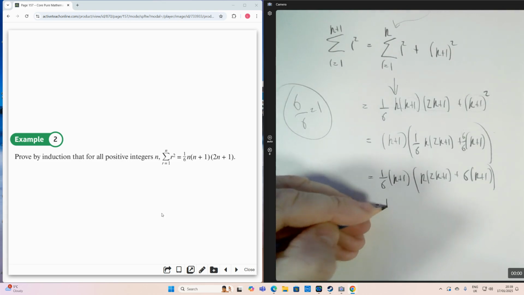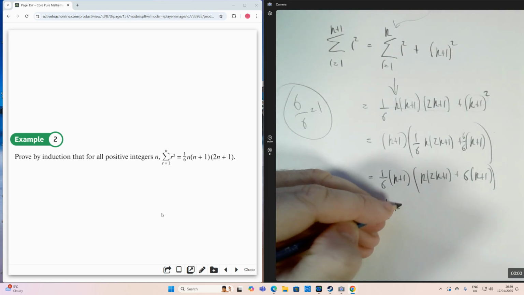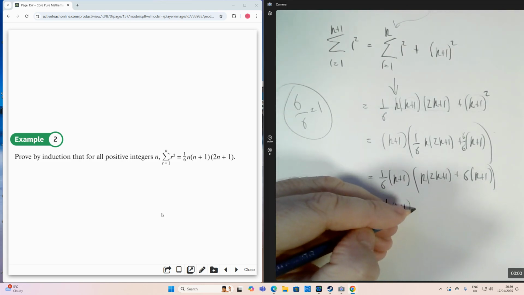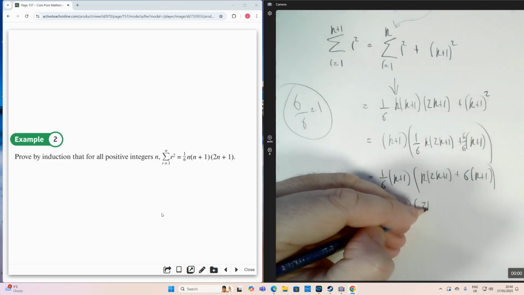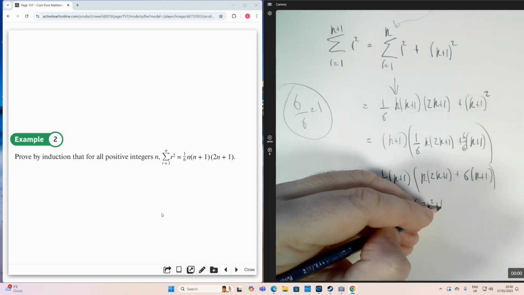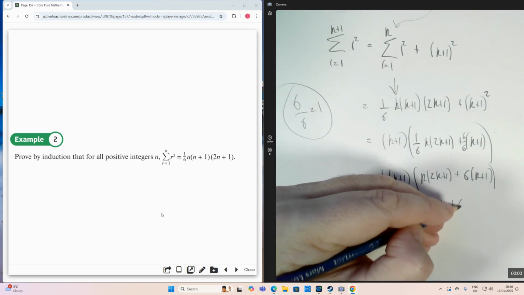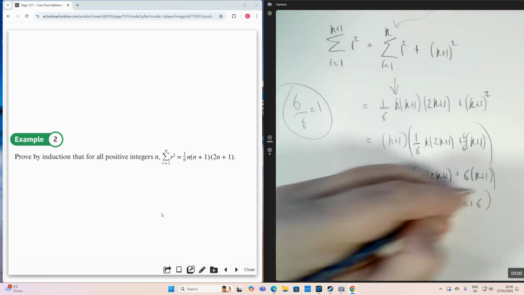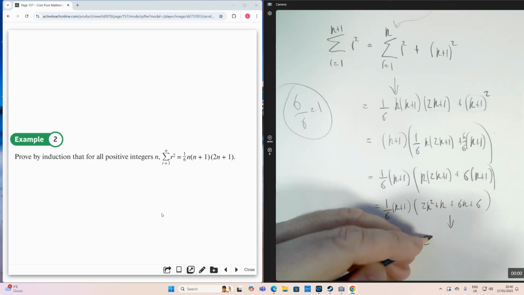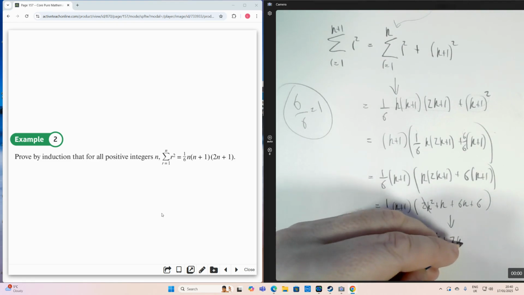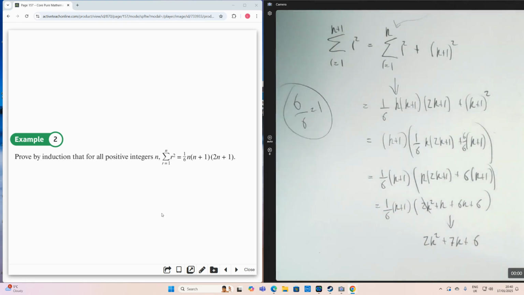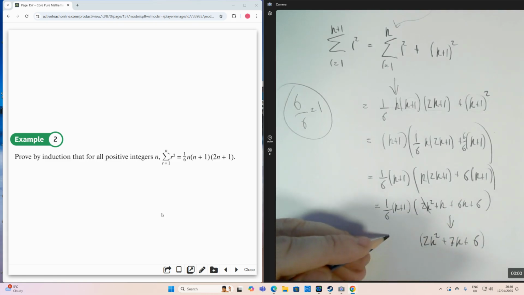So we have 1/6 (k+1) times by 2k² + k, 2k² + k, + 6k + 6, which goes to 2k² + 7k + 6. So 2k² + 7k + 6, okay?